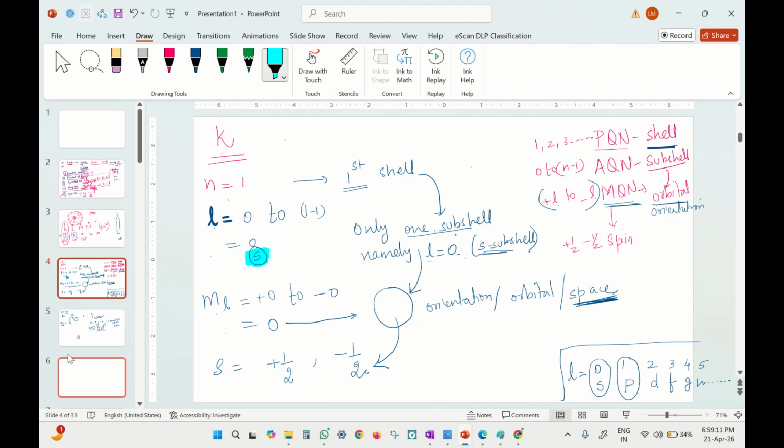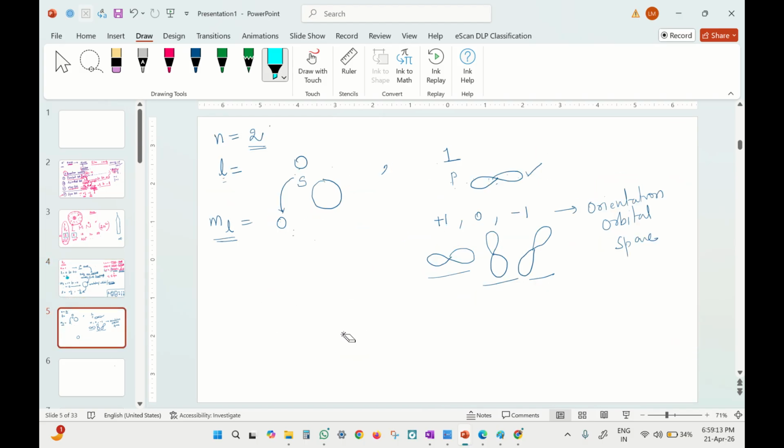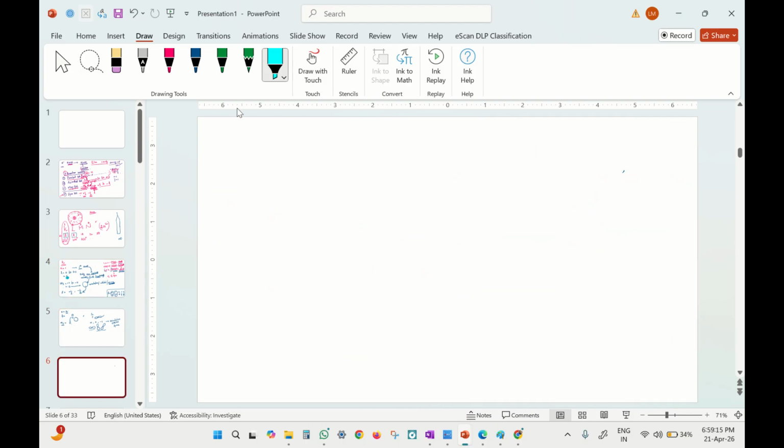Spherical. So I'm going to draw. See, look at this now. This is my nucleus, the center. Around the nucleus, this is my S subshell of the first shell. This is the second shell. N is equal to 1 has only the S subshell.